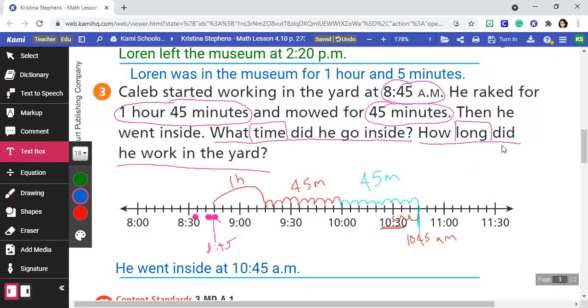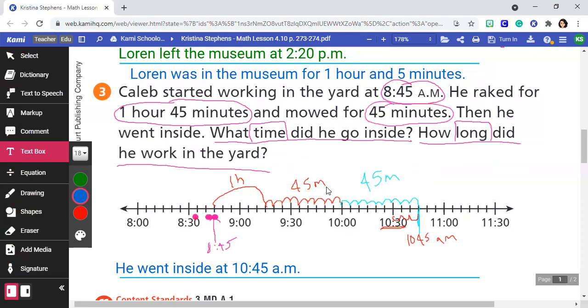The next question is asking us, how long did he work in the yard? So we're looking at this elapsed time here. How much time went by? Now you've got a few different options to do this, but I really don't want to add them all together because this is represented in hours and this is represented in minutes.